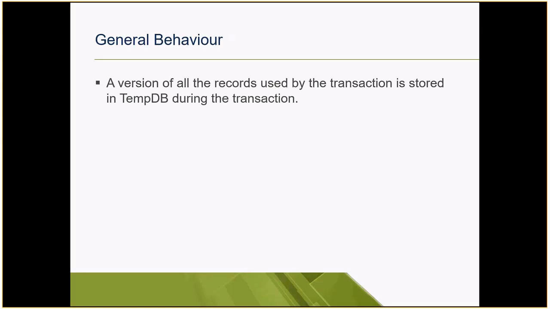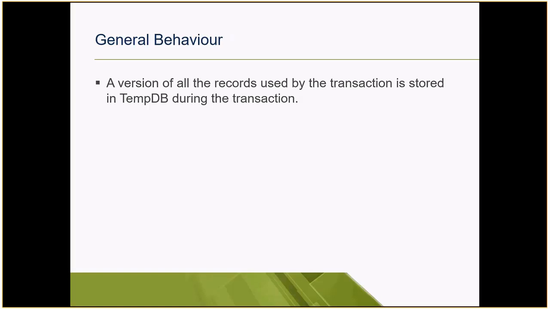The general behavior of these isolation levels, how they behave. A version of all the records used by the transaction is stored in TempDB during the transaction. So, when we start using optimistic concurrency, we increase our use of TempDB.